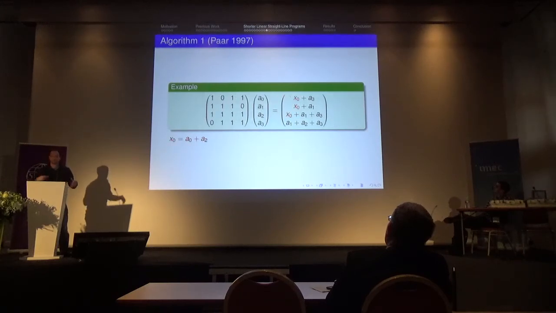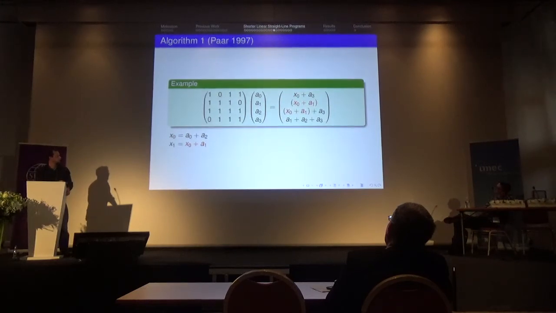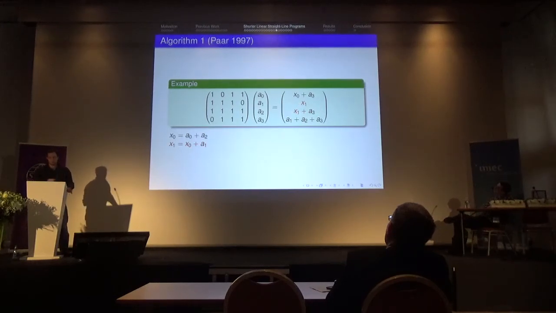All right, and now we just do the same again. Okay, so we now again look for the next most common sub-expression, which would be this one. Compute this as the next line of our straight line program, and replace it by the new variable. And so on and so on. This is everything.